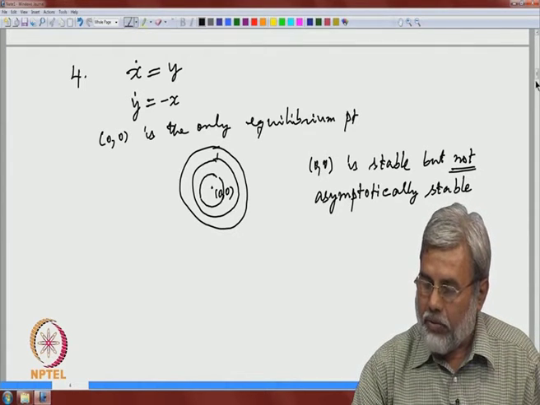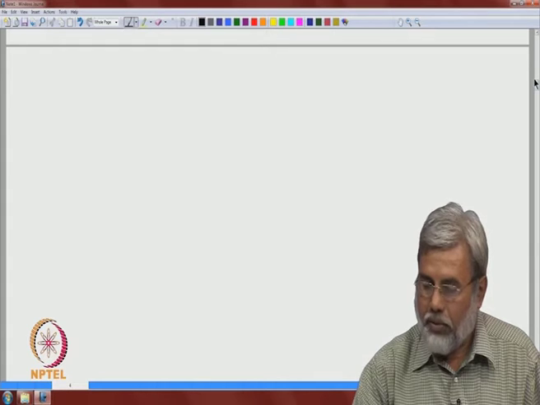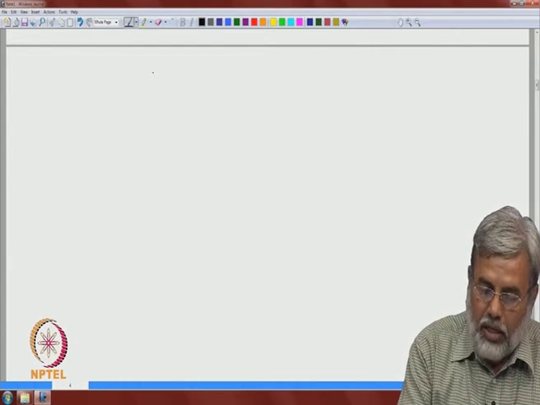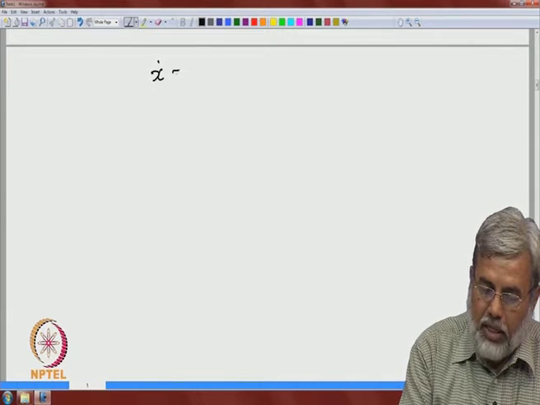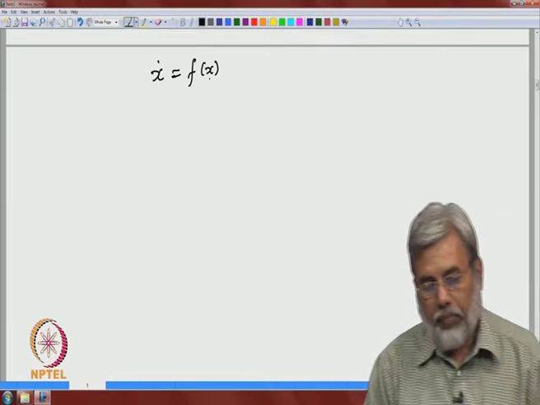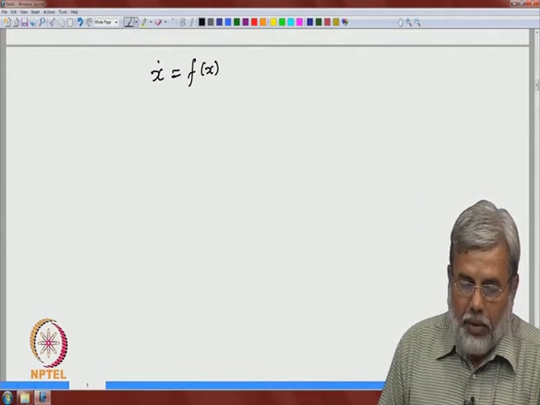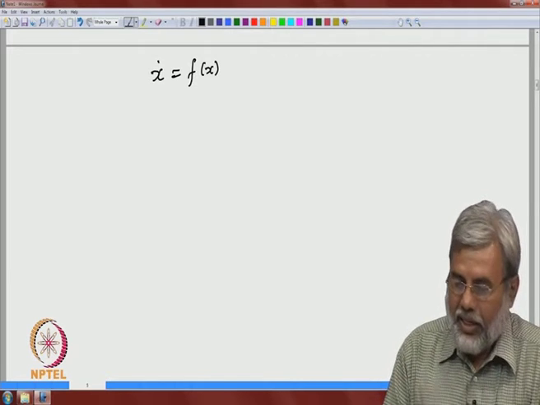Okay. So, now we have defined stability and asymptotic stability of an isolated equilibrium point, but then how do I decide?